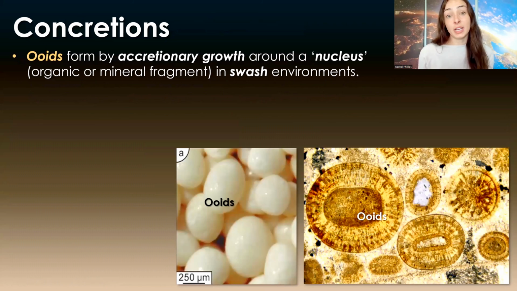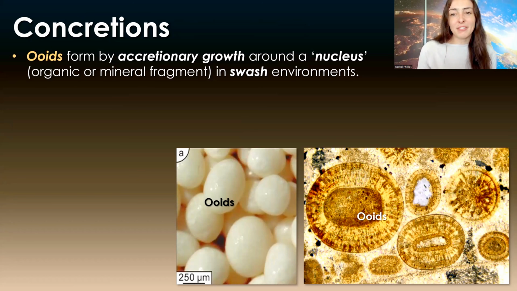Ooids are like peloids, just smaller, and they also form this accretionary concentric growth around a nucleus. And what I mean by nucleus is an organic or mineral grain fragment, basically. Any fragment that it grabs onto and starts to precipitate minerals around, that's a nucleus.